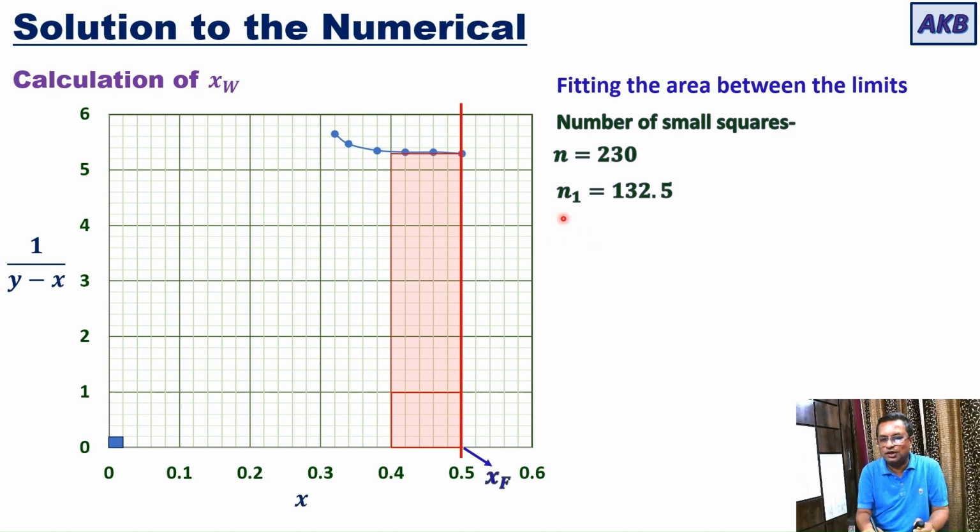If you count, you'll come to know that the total number of small squares covered in this region is 132.5. Remember, you are going to start at XF.